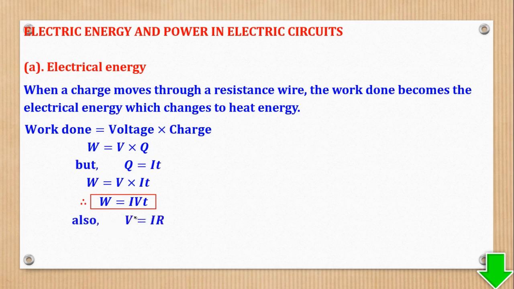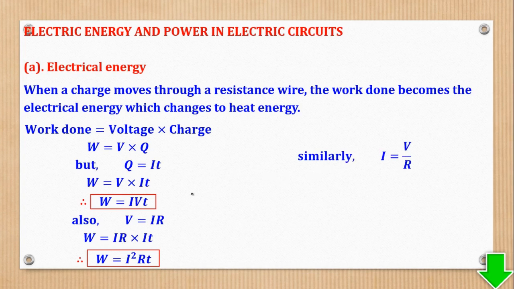But also you know that V is equal to IR. Therefore, when I substitute for V here, I'll come up with IR times IT. Therefore, I'll get another expression, which is I squared RT, as an expression for electrical energy or work done.